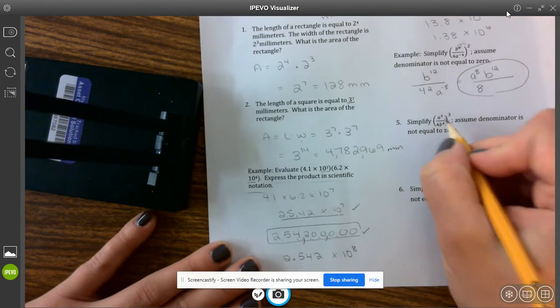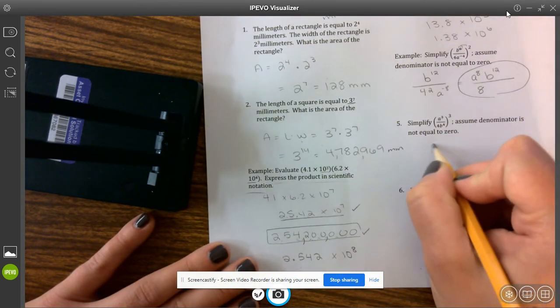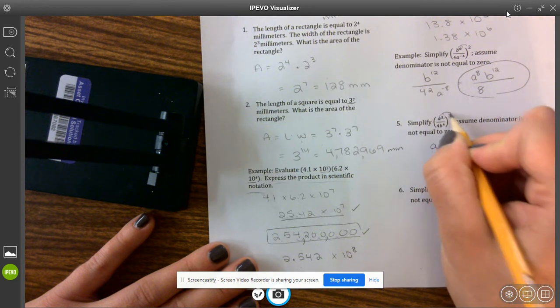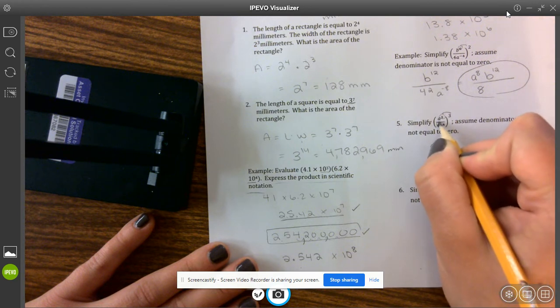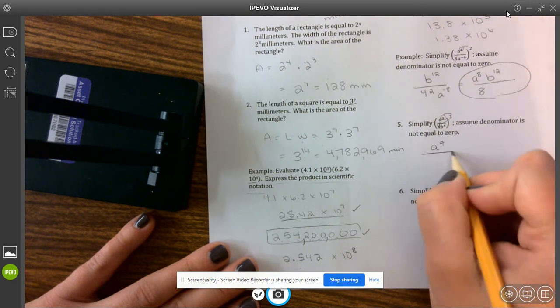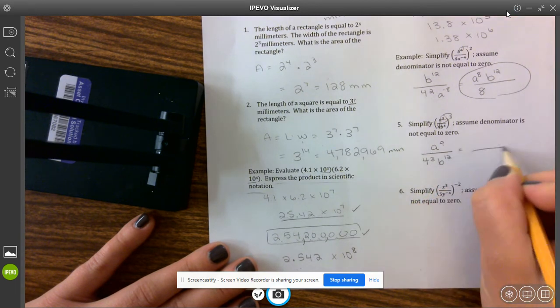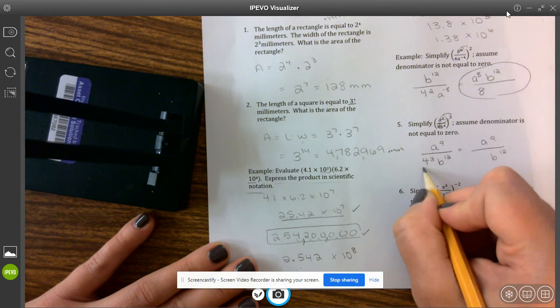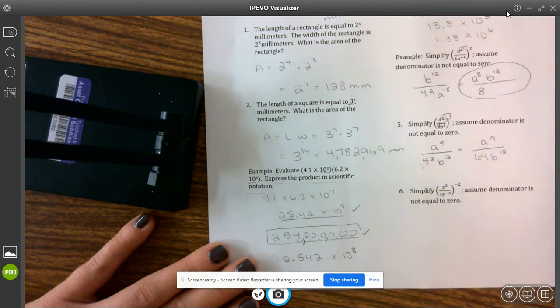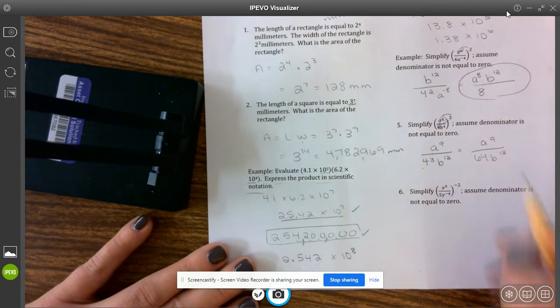Down here, power to power we multiply, so that's a to the 9th. 4 is technically to the 1st, so 1 times 3, it's 4 to the 3rd over b to the 12th. 4 times 4, 16 times 4 is 64. Okay. All right, that's this answer.